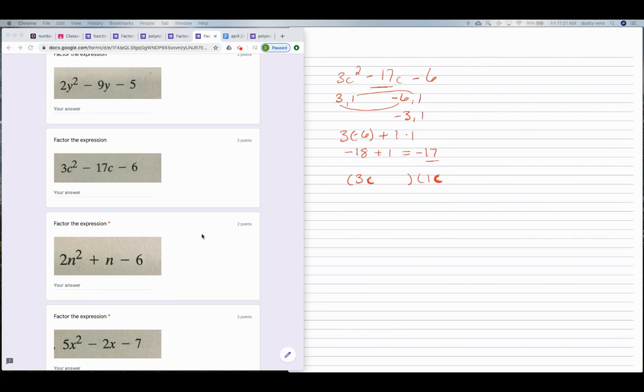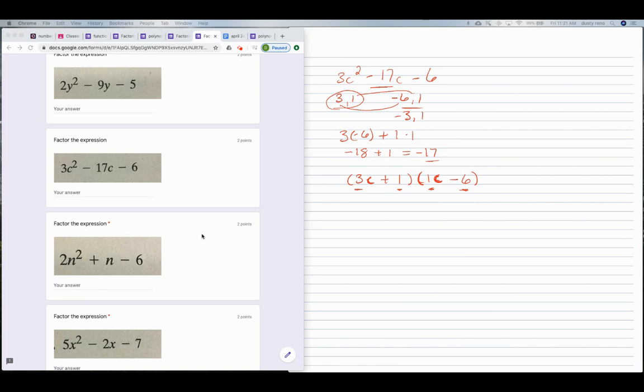I'm going to take the 3 times the negative 6, which means the negative 6 needs to appear over in the opposite binomial. Then that leaves me with the positive 1 right here. So my factors of 3 are going to be my coefficients in my two binomials, and the factors of negative 6 are going to be my constants in the binomials.